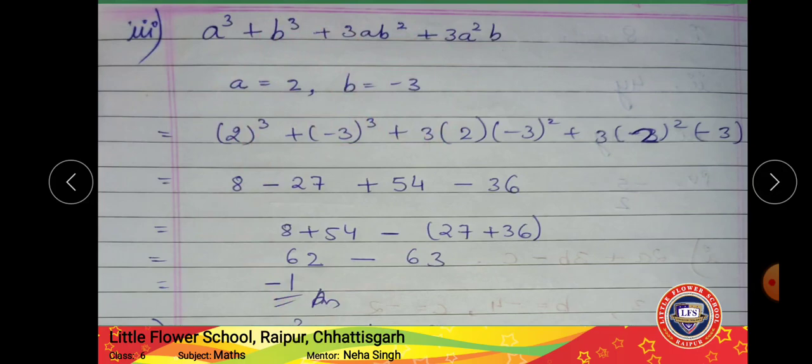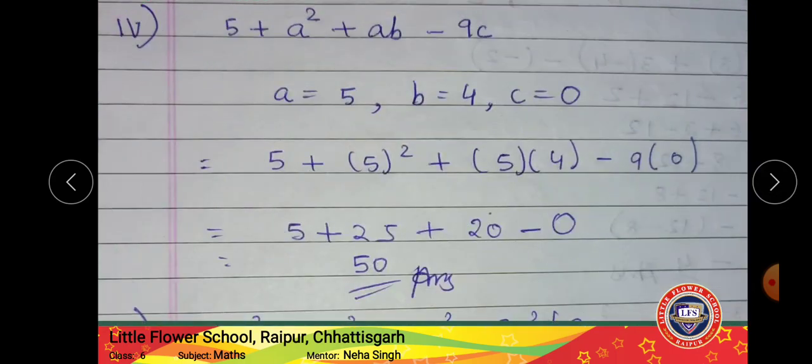right? So you can go through this question, and next also see, this I'll explain. 5 plus a square plus ab minus 9c. Now the value of a is 5, b is 4, but c is 0, right?